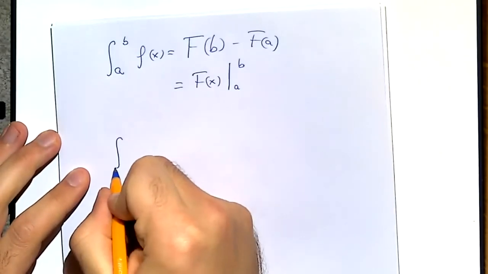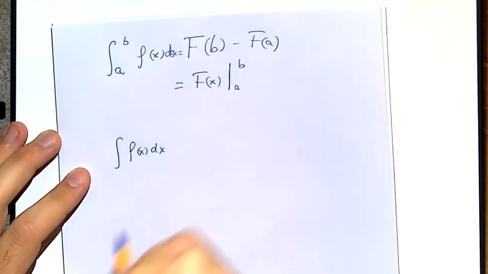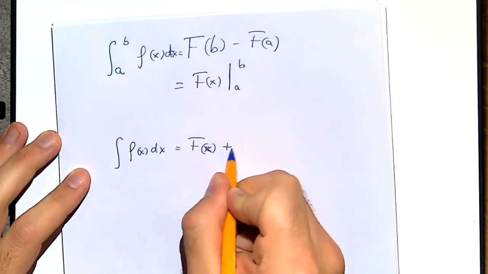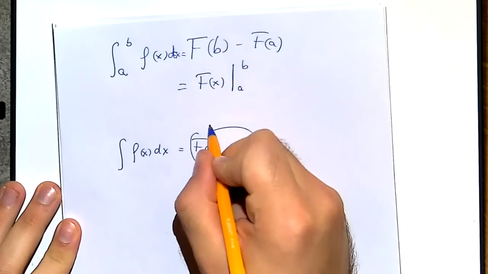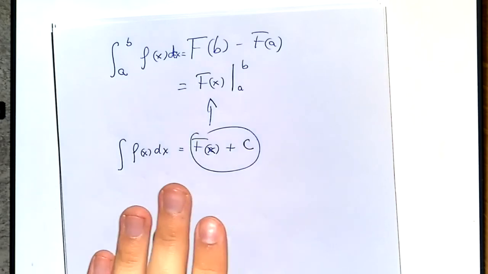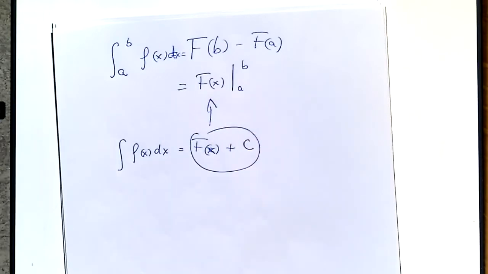When you write it without a and b, just f of x dx, do not forget about dx, it's equal to F of x plus c. This c can be whatever. The idea is that when I plug in here, I have fixed my c. Like this function that I choose to integrate between a and b, for c equals 5, it's fixed. It's a function in itself.